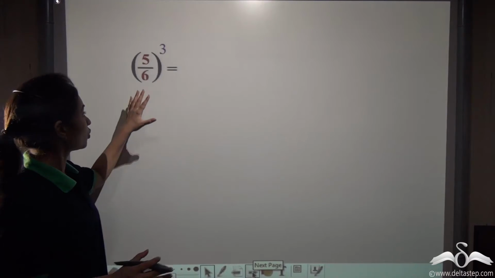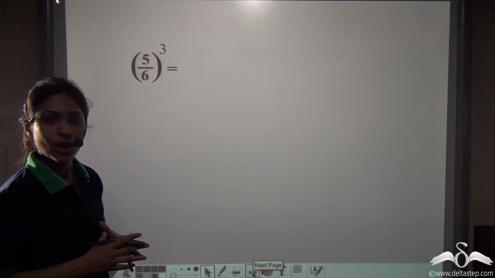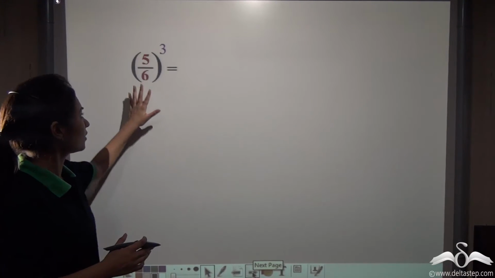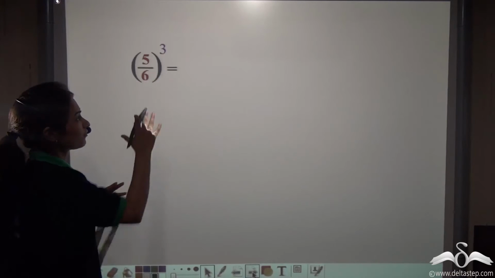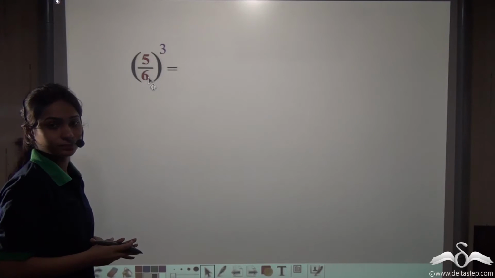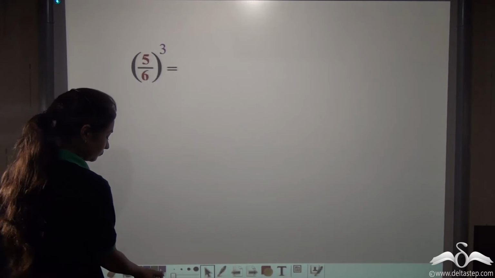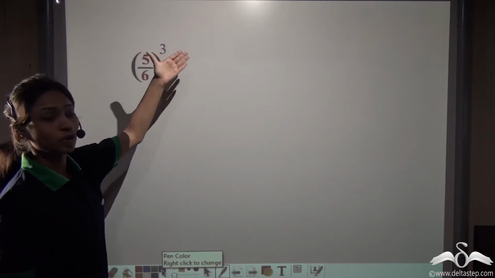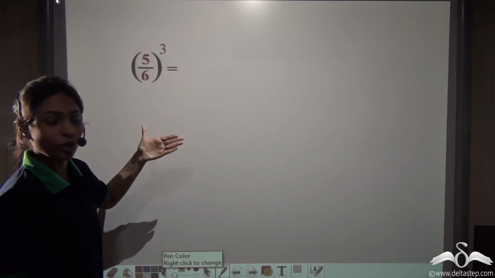Now find out the cube of this proper fraction. Well, in mixed fractions you had to first convert it into an improper fraction, but here that is not needed. So just find out the cube of this fraction. Well, first find out the cube of the numerator and then find out the cube of the denominator.